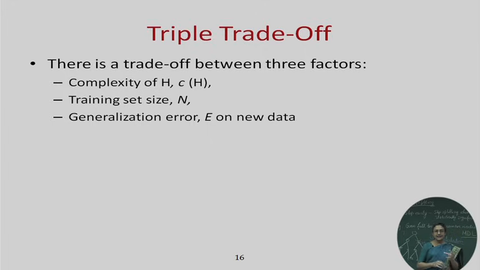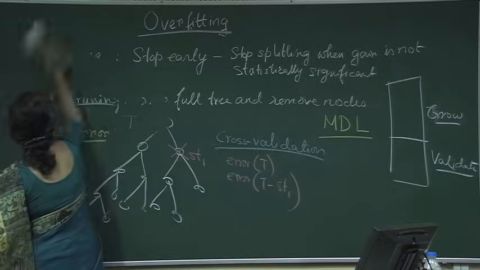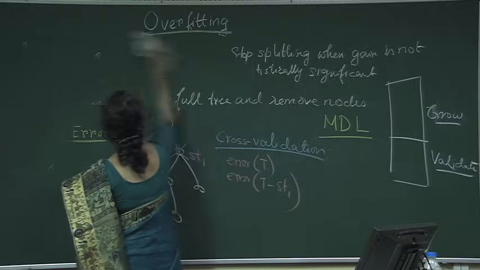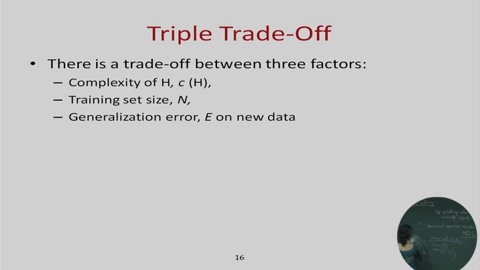And there are 3 trade-offs which are involved. These trade-offs include these 3 factors: the complexity of the hypothesis. A more complex hypothesis is more flexible, it can accommodate more powerful functions, but more complex hypotheses may lead to overfitting.